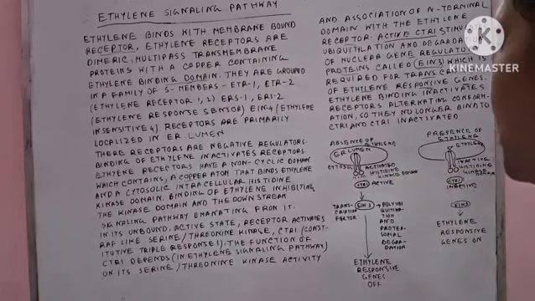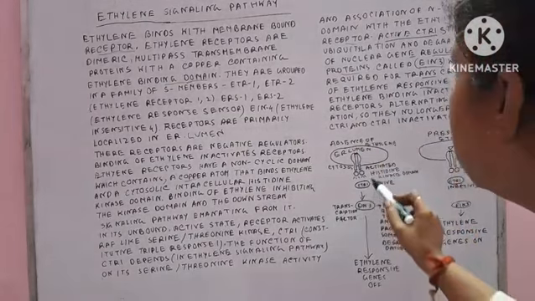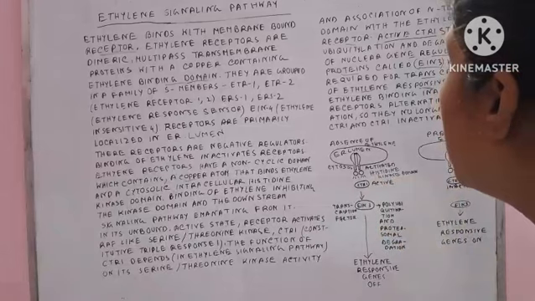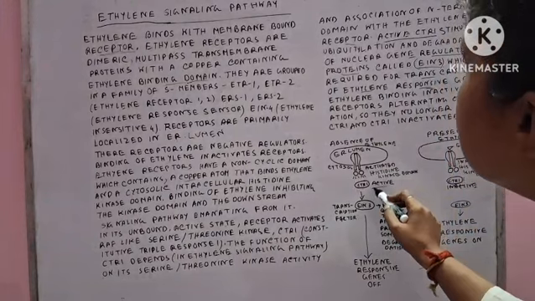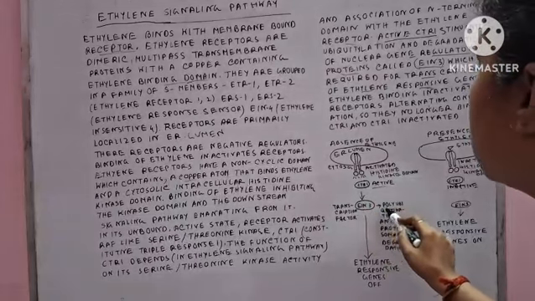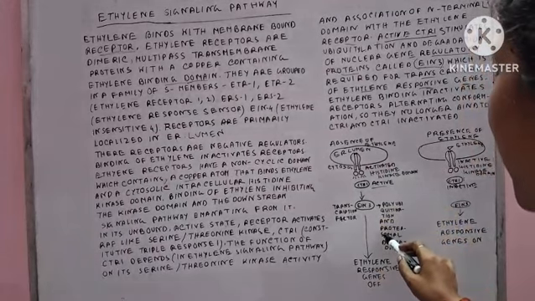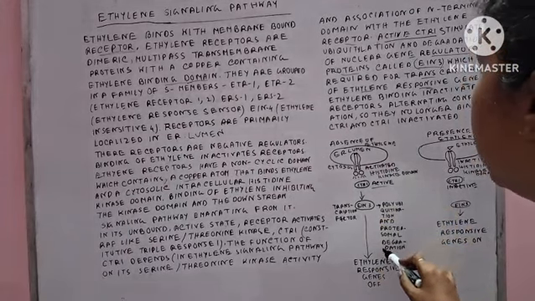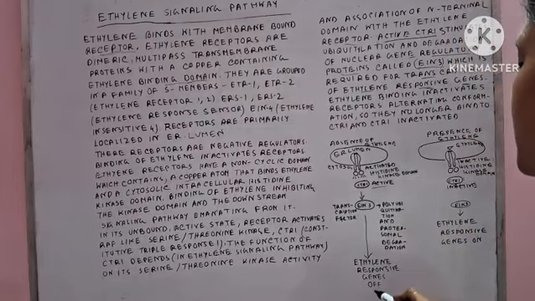These are the flowcharts. Where ethylene is absent, the histidine kinase domain becomes activated, so CTR1 is activated here also. If CTR1 is activated, then EIN3, the transcription factor, undergoes polyubiquitination and proteasomal degradation, and that's why the ethylene responsive genes are off.